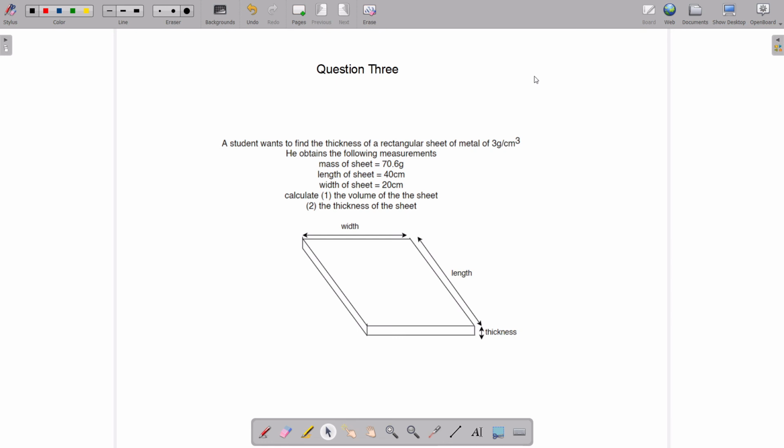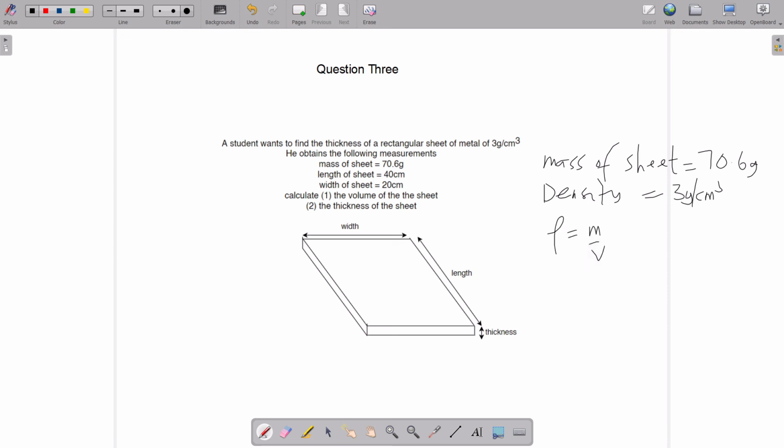The question says we first find the volume of the sheet. From density equal to mass over volume, our volume is going to be mass over density. 70.6 gram divided by 3 gram per cm cube will give us 23.53 cm cube.